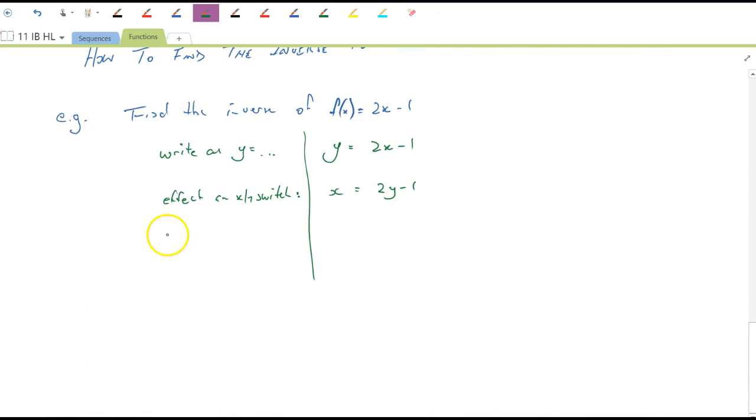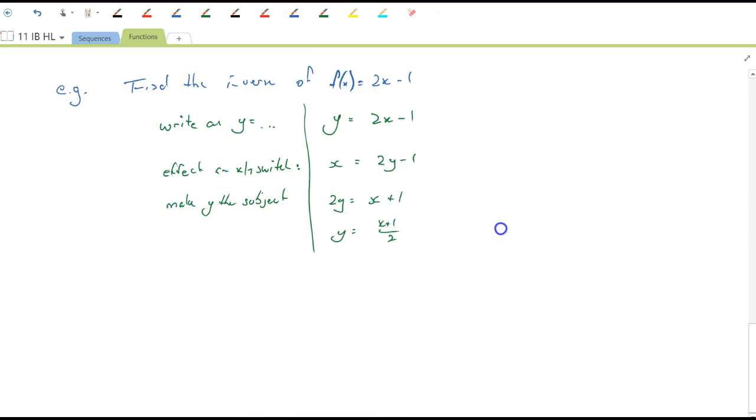The next step is to then make y the subject. So it's a nice little algebraic move here. So now make y the subject. 2y equals x plus 1. So y is equal to (x plus 1) over 2. So what we found when we made y the subject, this is now the inverse function.